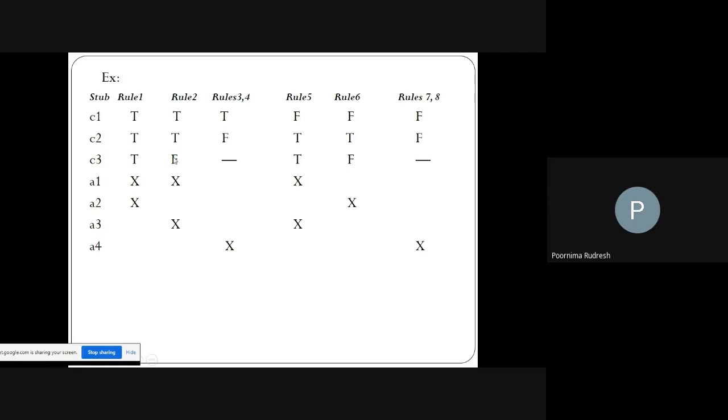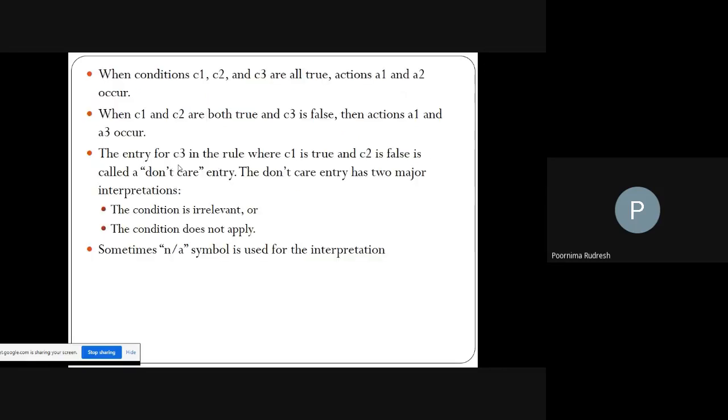In some decision tables we use Y for true and N for false, meaning yes or no, or 0 and 1 to indicate false and true. 0 indicates false and 1 indicates true. It is not necessary to use only T or F.